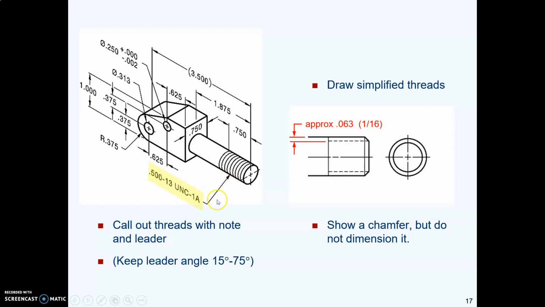And this is a weird way of pointing at the thing because it's an isometric view. You will just point at your simplified thread with a leader at an angle of 15 to 75 degrees, either off to the right or off to the left. And here's a dimension showing how far your threads should extend. And that means that's where this vertical line will stop.